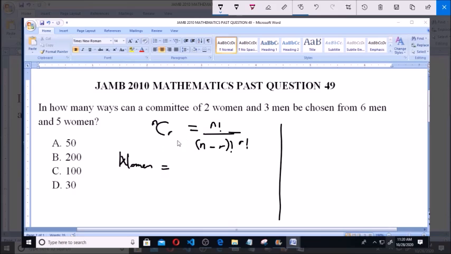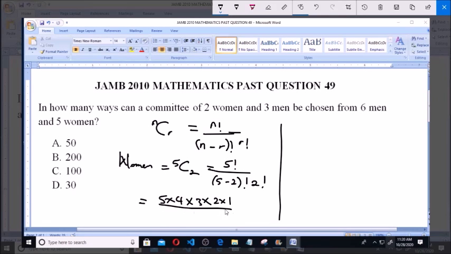we are trying to pick 2 women out of 5 women. 2 out of 5, so that is 5 combination 2, and this is equal to 5 factorial all over 5 minus 2 factorial, 2 factorial. So this is equal to 5 multiplied by 4 multiplied by 3 multiplied by 2 multiplied by 1, that's 5 factorial, all over 5 minus 2 factorial, which means 3 factorial.